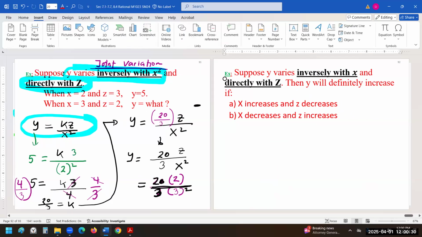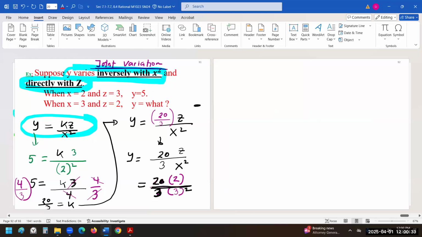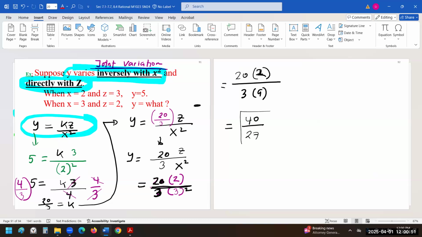And we got 20 times 2, and then 3 times 9. What is 20 times 2? 40. And 3 times 9? 27.